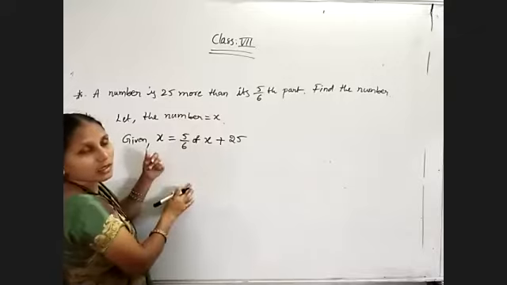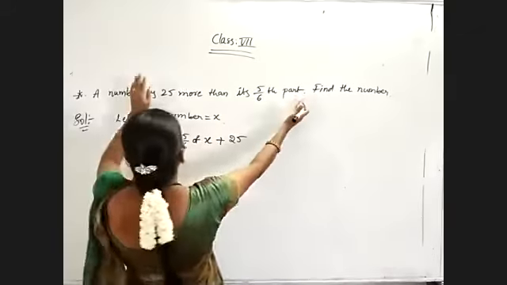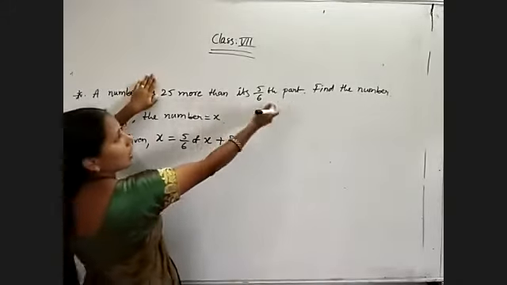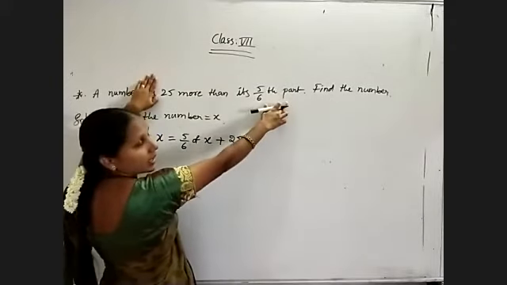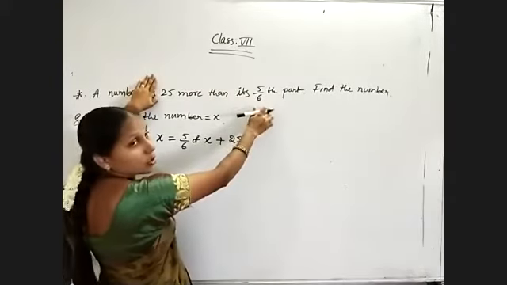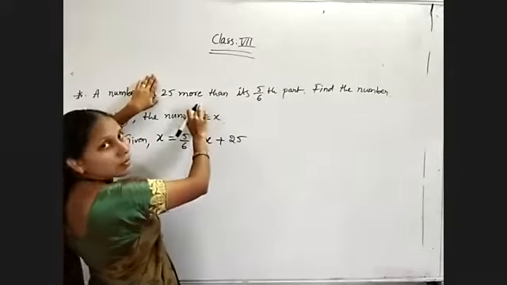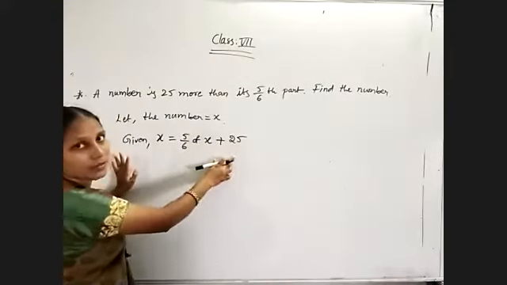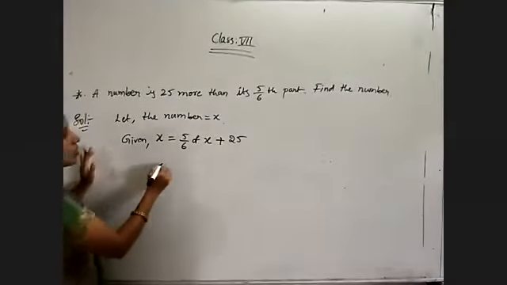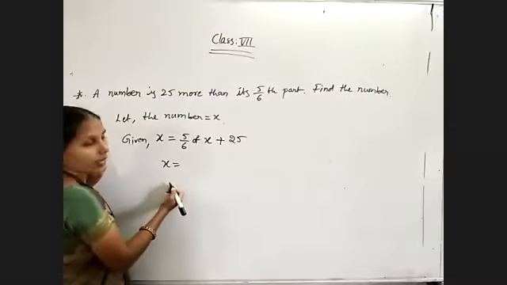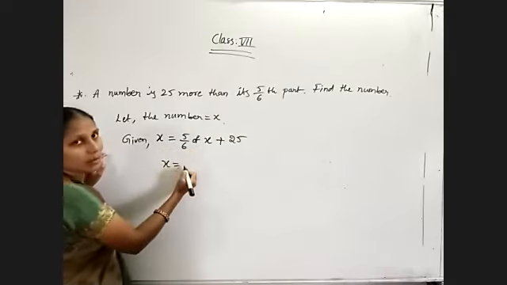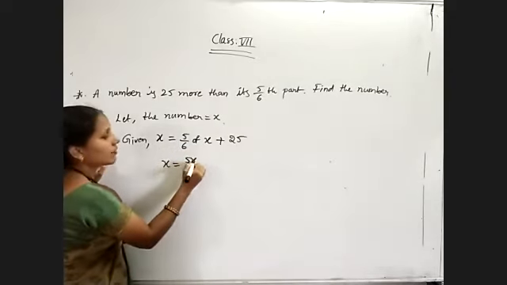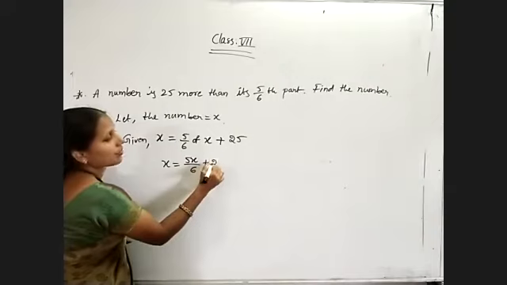So backside onwards try to write. After the is equal to symbol, here onwards 5/6 part of that number x is 5/6 into x. More than means plus 25. 5/6 of x plus 25. That's it. Now, so x is equal to 5 into x is 5x by 6 plus 25.